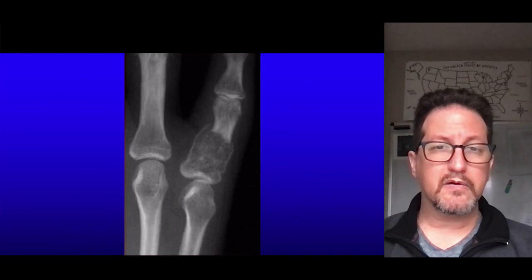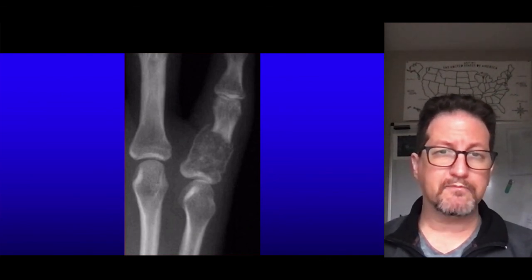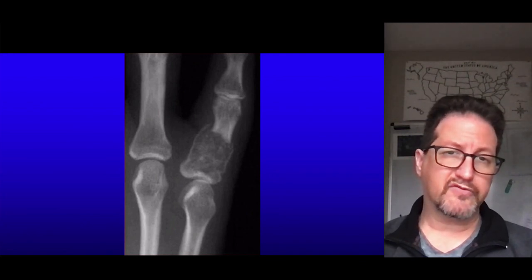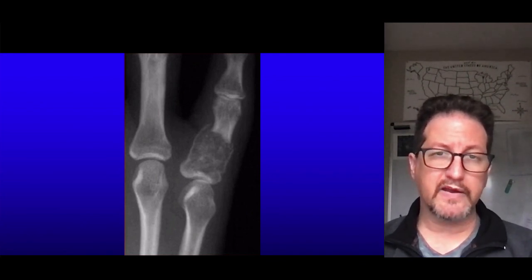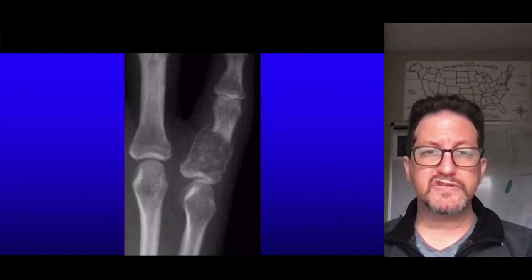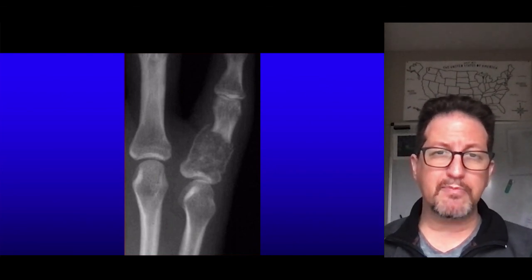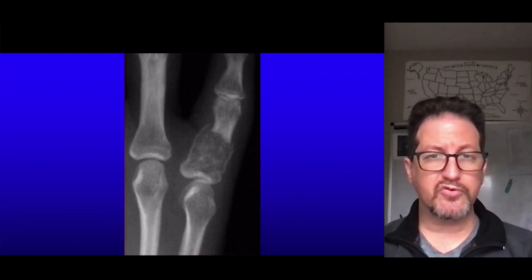It has a breakout cortex, as you can see on the more lateral side. This is a hand. This lesion is epiphyseal and metaphyseal in location. And so this is probably a giant cell tumor because of that sort of description.